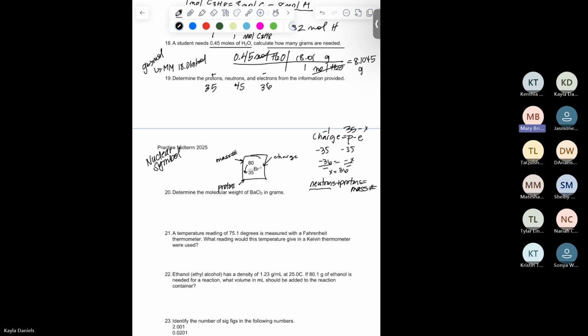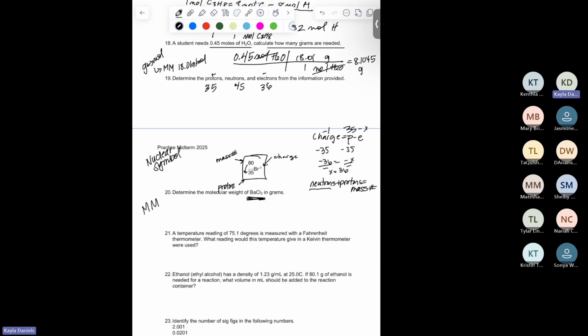I got it. Thank you. All right, 20. There's going to be one problem where you have to calculate molar mass on your own. Whatever compound they give you, I'm not going to put that in the little table of reference values, because they're testing you on your ability to calculate that. It's not barium chloride, but it's something along these lines.